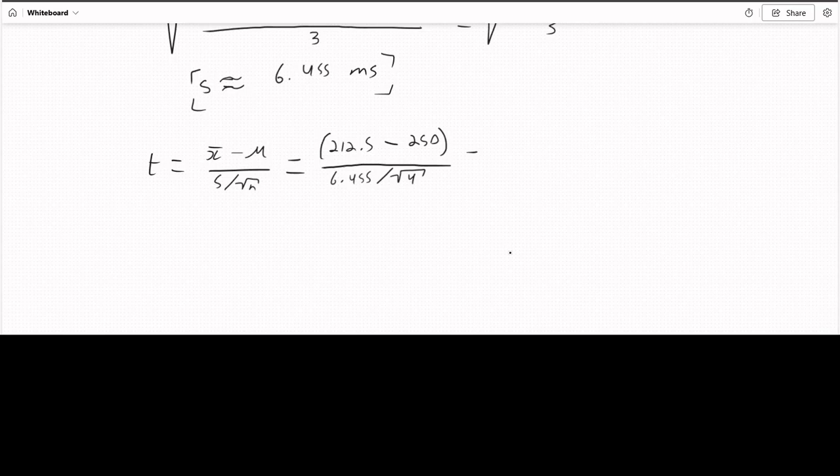This simplifies to negative 37.5 over 6.455 divided by the square root of 4, which simplifies to negative 37.5 divided by 3.2275. So all in all, our t-score is, approximating again because we're rounding, negative 11.62.